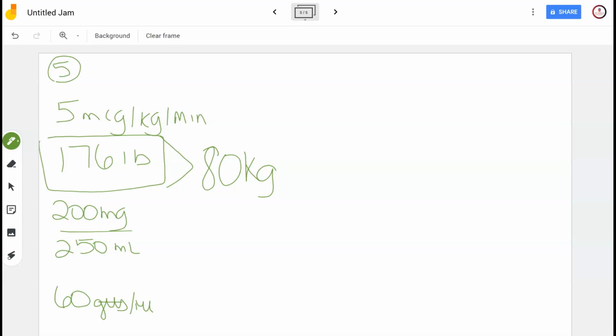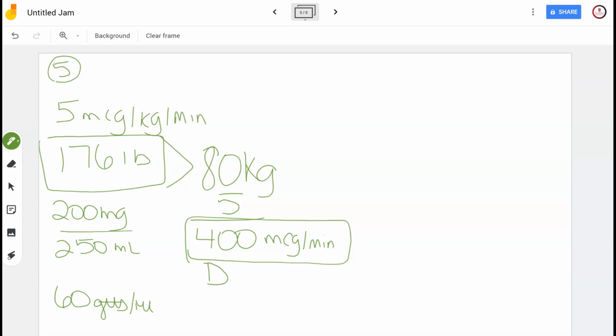Now you find out what your desired dose is by multiplying. So you want to give your patient 400 micrograms per minute. This is your desired dose. Your dose on hand, again, we memorize the dopamine calculation, is 800 micrograms per milliliter.